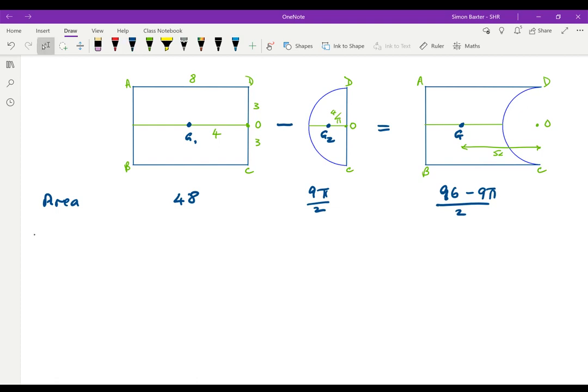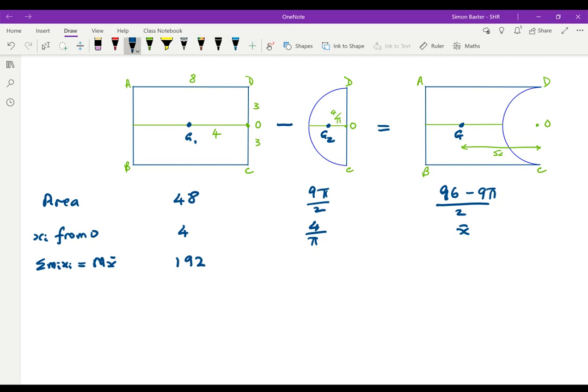This time we're going to measure xi from O, and we'll take towards the left as being positive. This gives us that xi for the rectangle is 4. Xi for the semicircle is 4 over pi. And xi for the combined figure is x bar. Now we do sigma mi xi is m x bar. 4 times 48 is 192.